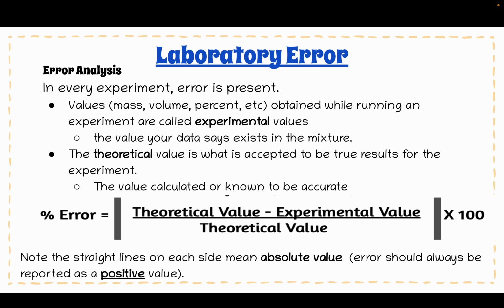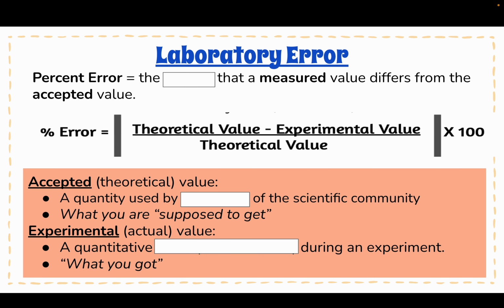Please note that the two solid straight lines on either side of your fraction, theoretical value minus experimental value divided by theoretical value, mean you take the absolute value of that calculation. Errors should always be reported as a positive value, okay? We just want to know how far away we are from the actual answer.